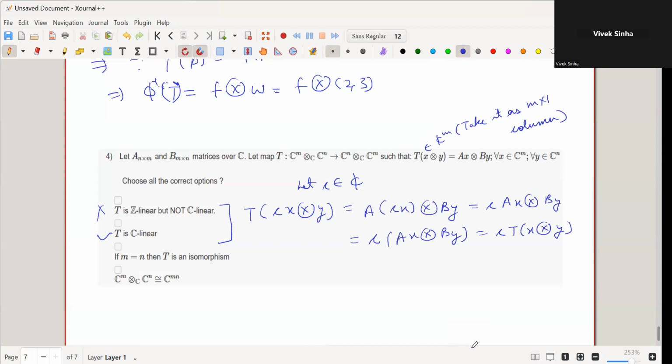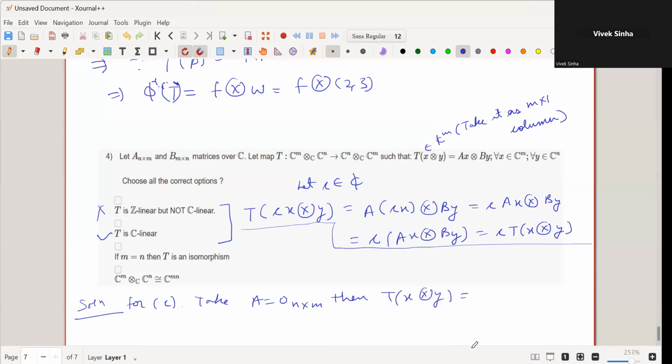Now if m equal to n, then one has to see whether it's an isomorphism or not. For that, take A to be a zero matrix. Then T of x tensor y is 0 times x tensor By.